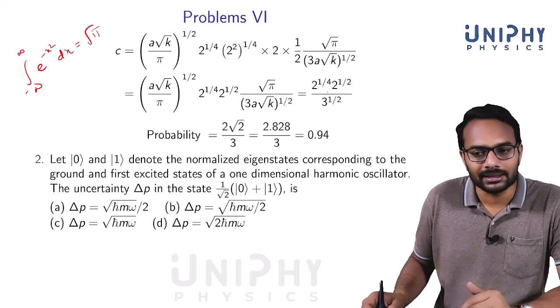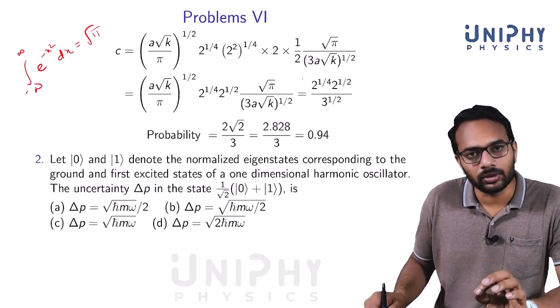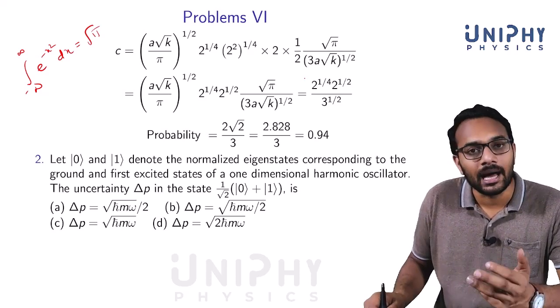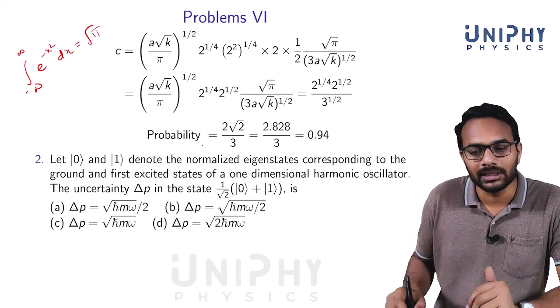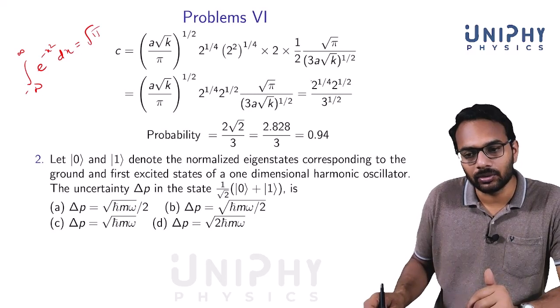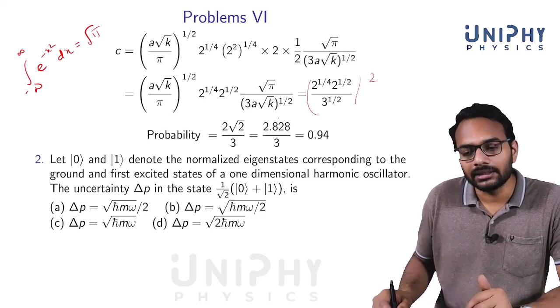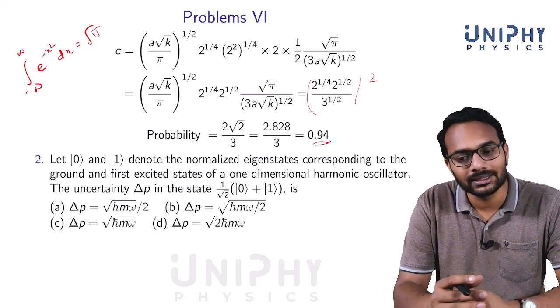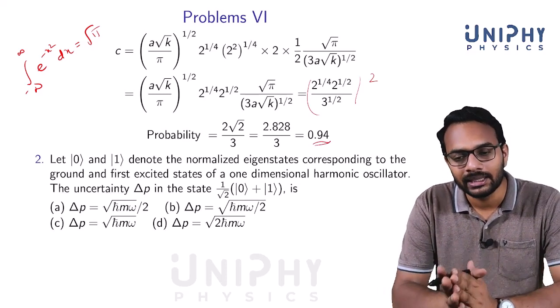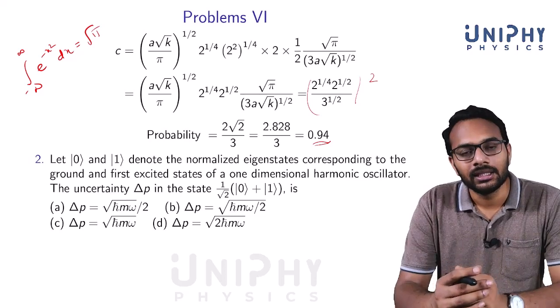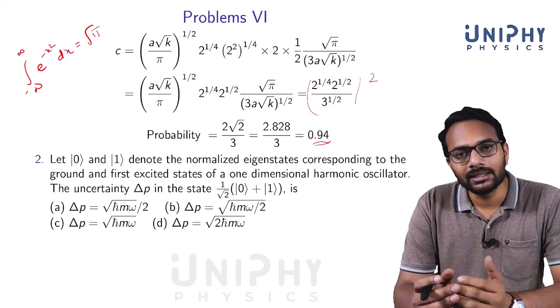You please check this. This is only the expansion coefficient, only the probability amplitude. So in order to get the probability, you just square this. It's 2.828 divided by 3, which is 0.94. So there's a 94% probability that if you make a measurement, you will find the system in the new ground state.